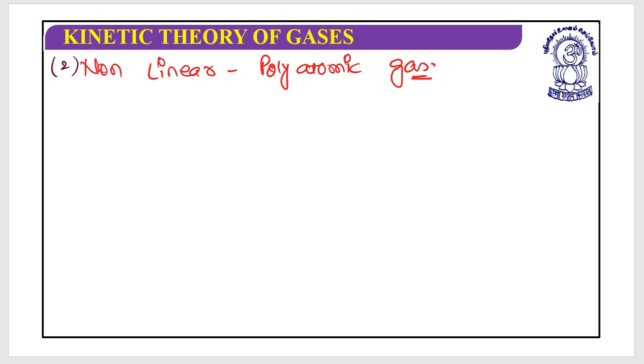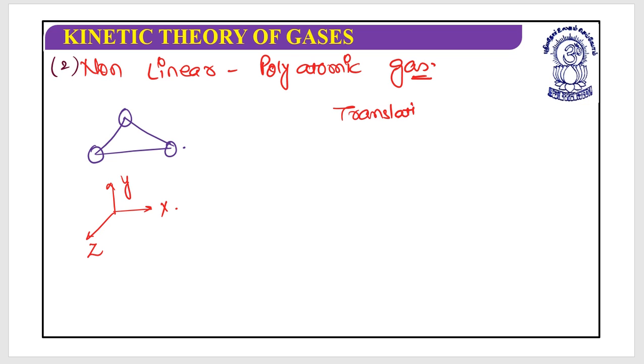So what would be the situation in a non-linear polyatomic gas? Let's suppose this is the structure of the molecule. So first thing, do they move in x, y, z? I must say yes, they can move in x, y, z. So translational degree of freedom will be 3. Can it rotate? Let's check that. Let's suppose my rotational axis passes through here, and this is Iy. I should say yes, it can rotate.